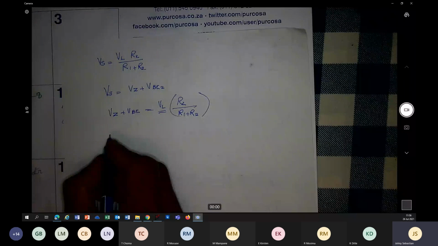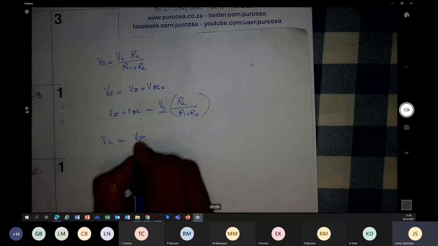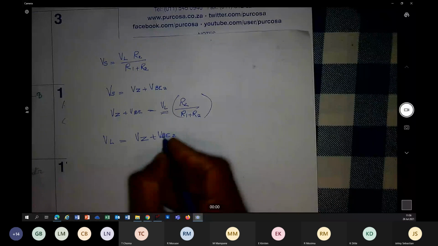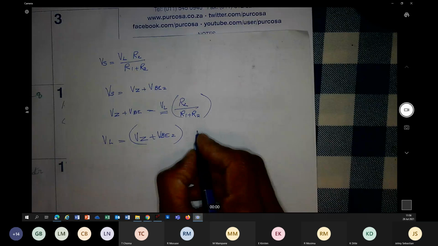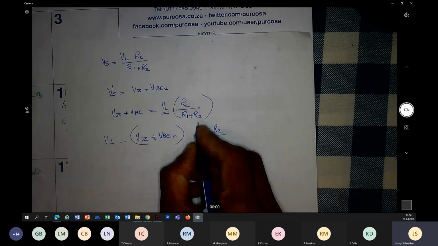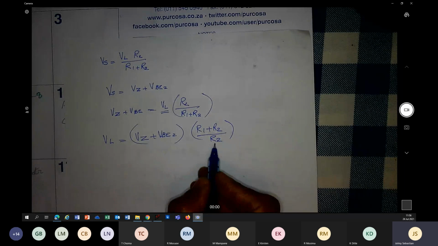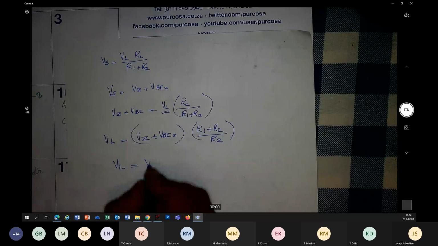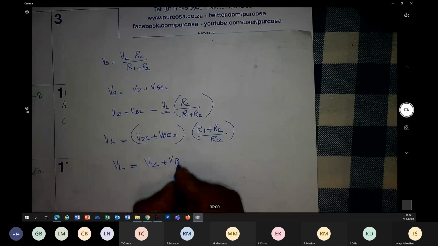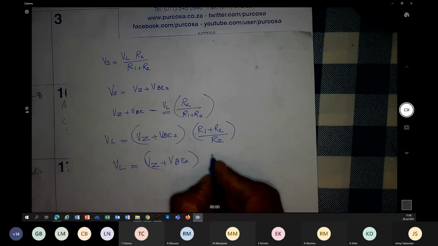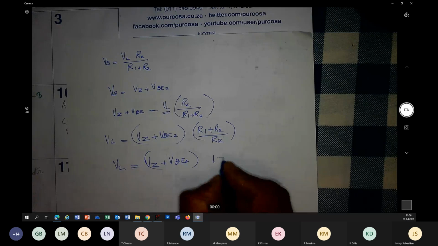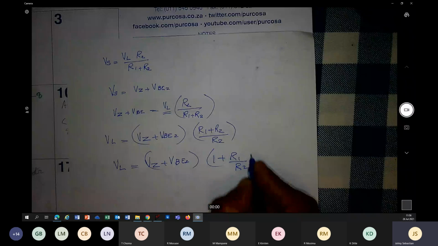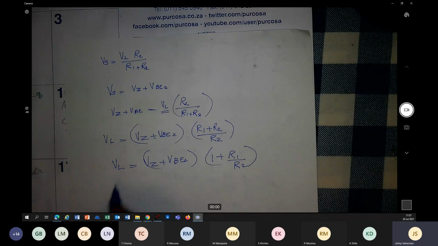That is, VL equals VZ plus VBE times R1 plus R2 over R2. Now, if you take R2 outside the bracket, you get it simplified. Now, look at this expression.